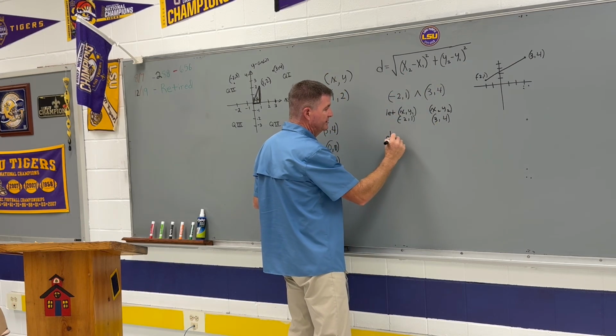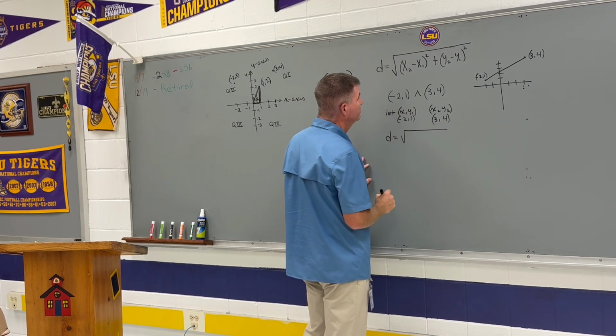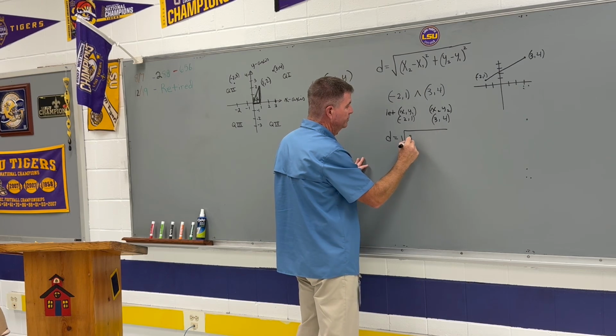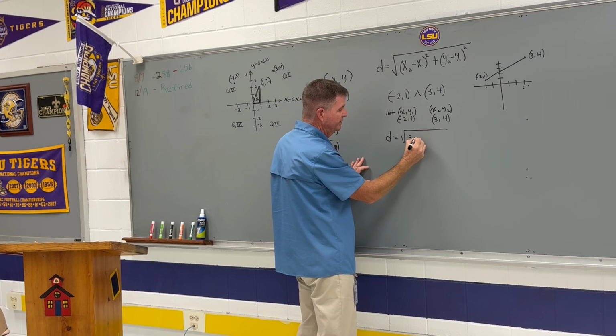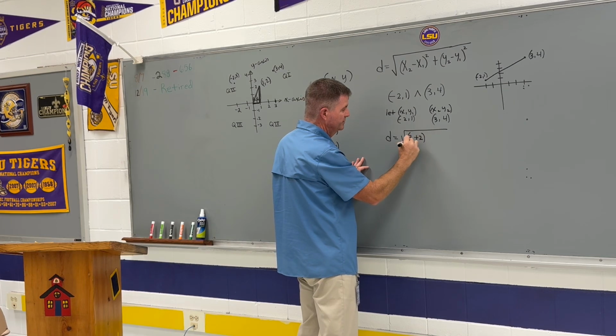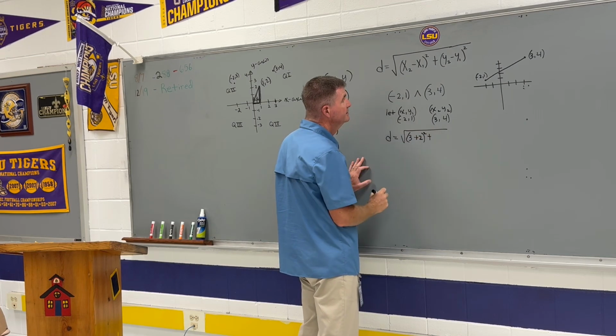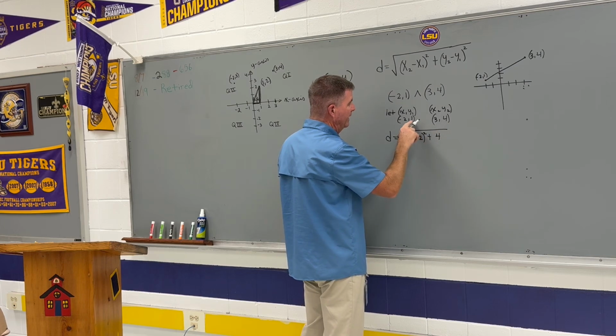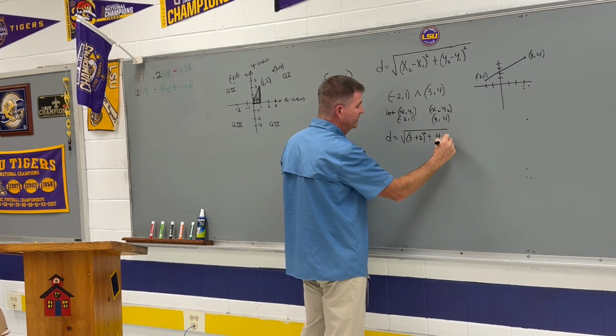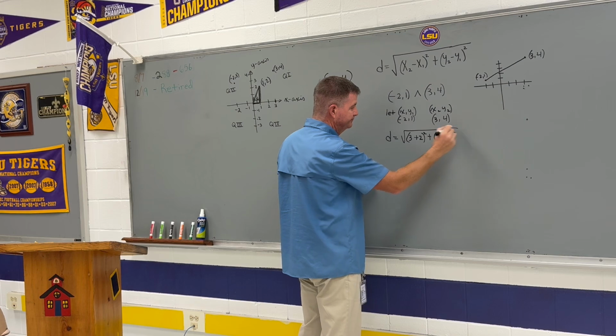So we have our distance, and the distance is going to be the square root of x2, which is 3, minus x1, so minus -2 is +2 squared, plus y2, which is 4, minus y1, so minus 1 squared.